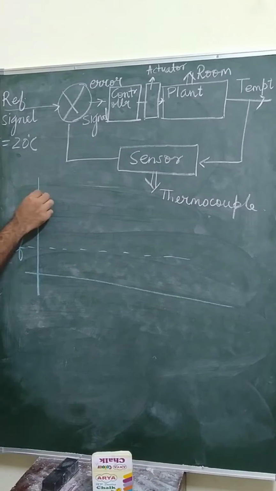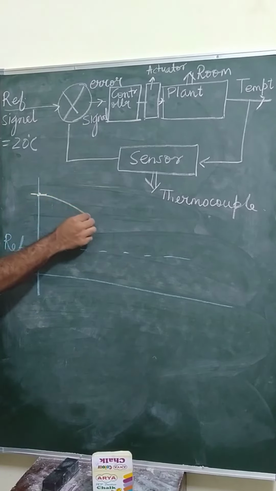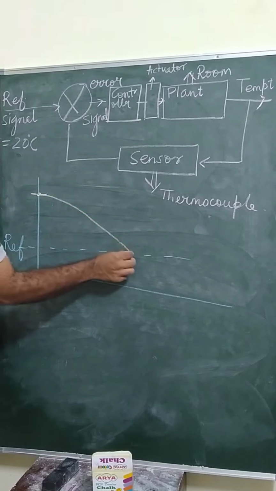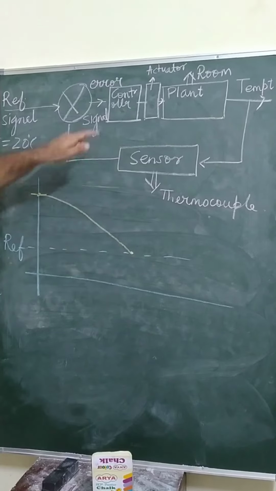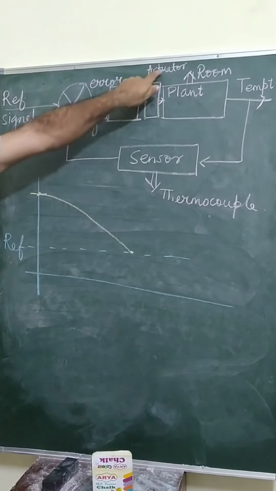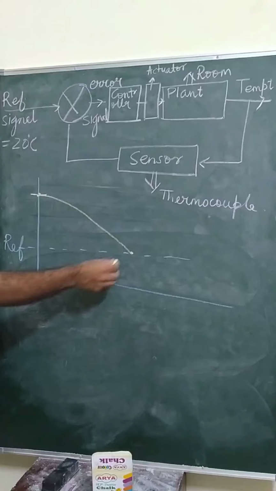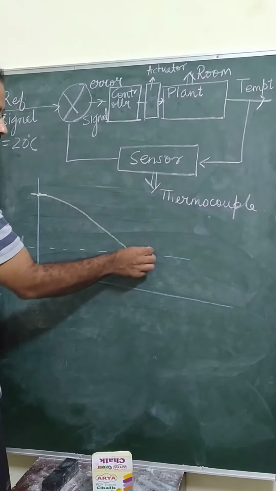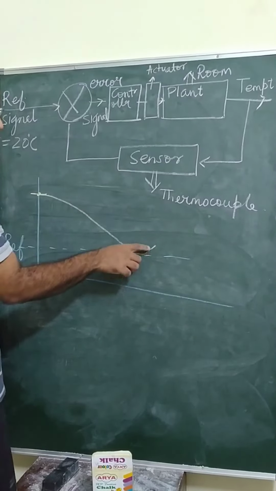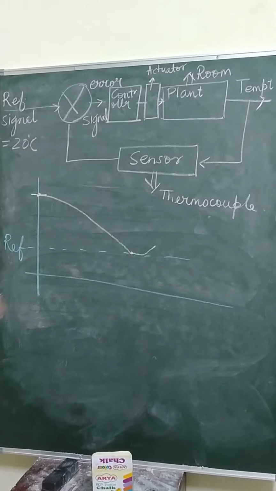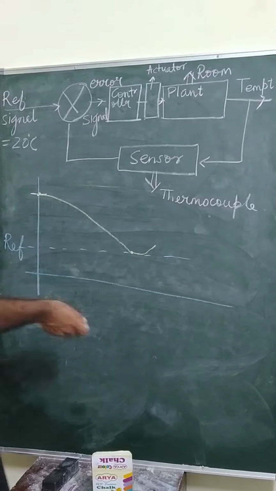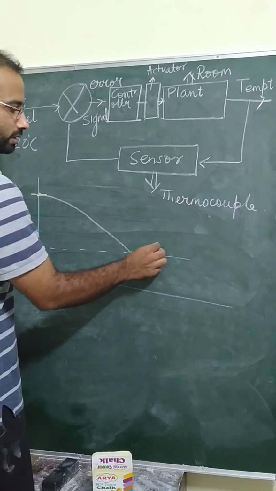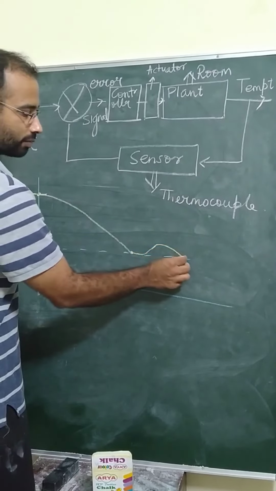So slowly the temperature would come down, down, down. And at some point, the temperature will be equal to the reference signal. So at this point, what would happen? The controller will switch off the compressor. Right? And slowly, the temperature will now increase. Now your thermocouple has some sensitivity, right? It will not instantly tell you that the temperature has increased. Depending upon its sensitivity, it will again come down, right?